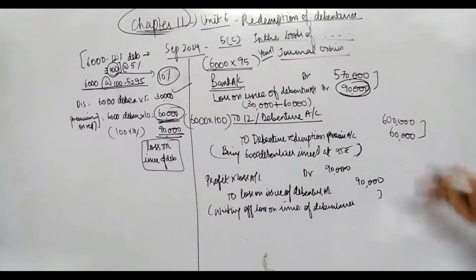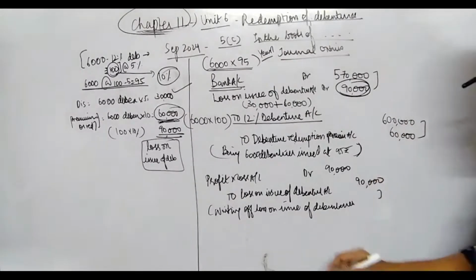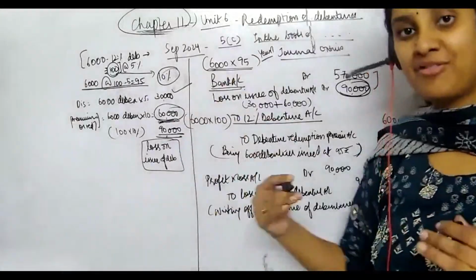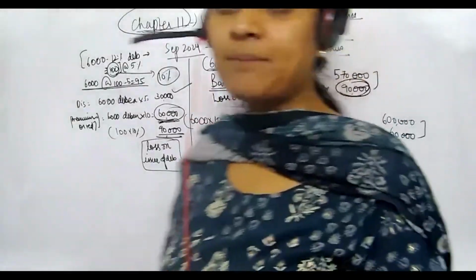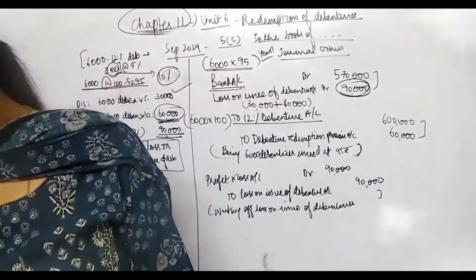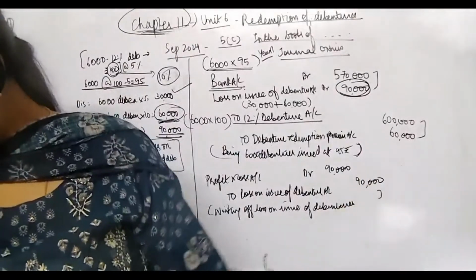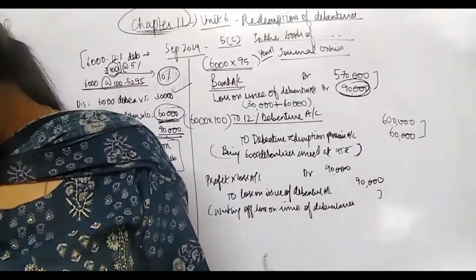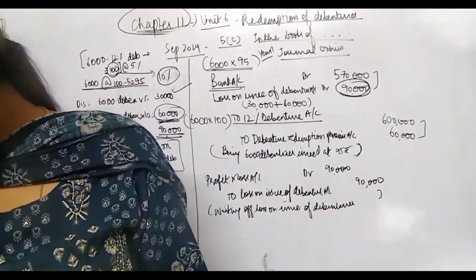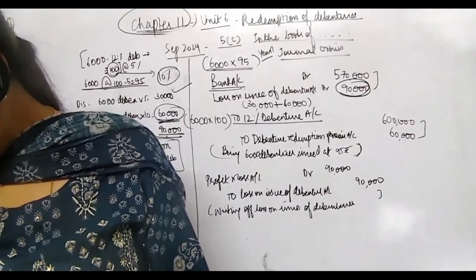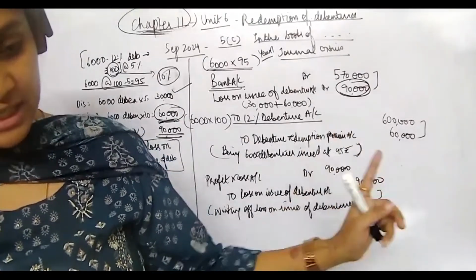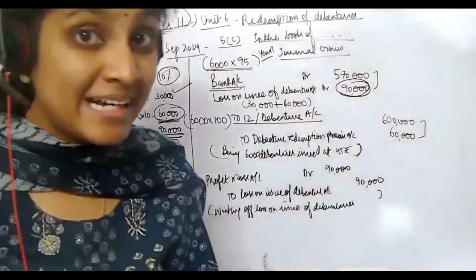Now the third entry will be after this is done, I come to the end of the first year. When I am talking about the end of the first year, very, very important, I need to follow so many things. What is that I need to follow? The first thing is I need to make payment of the interest.